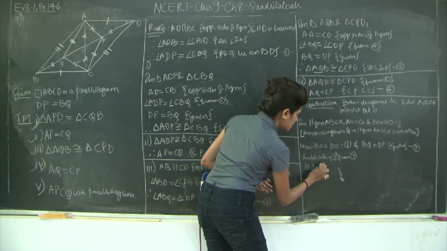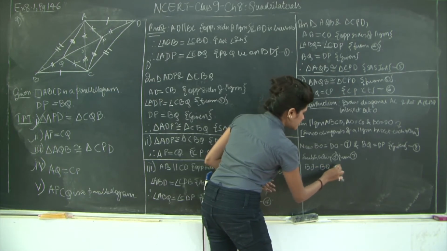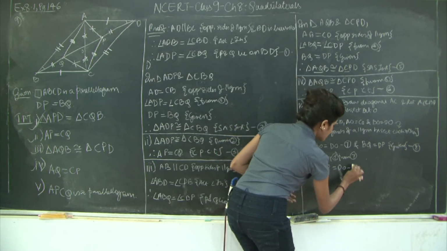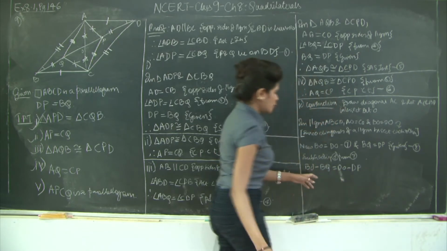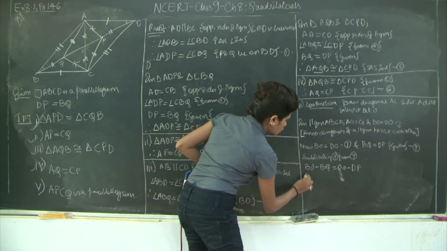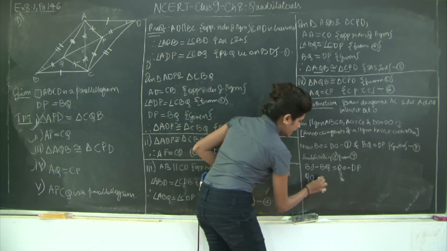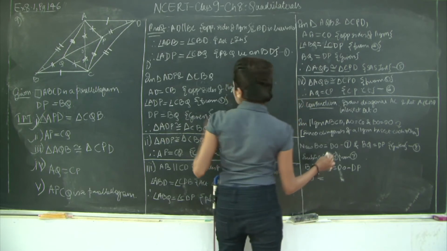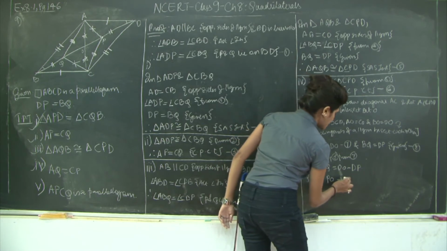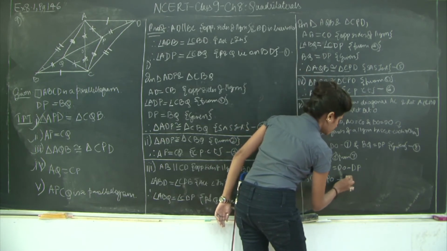BO minus BQ is equal to DO minus DP. So BO minus BQ is what? It is QO, and DO minus DP is what? PO. So let's mark this as 9.